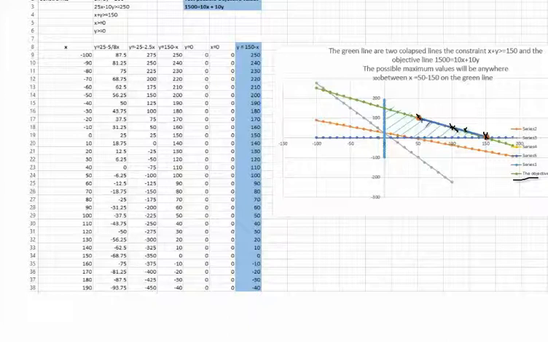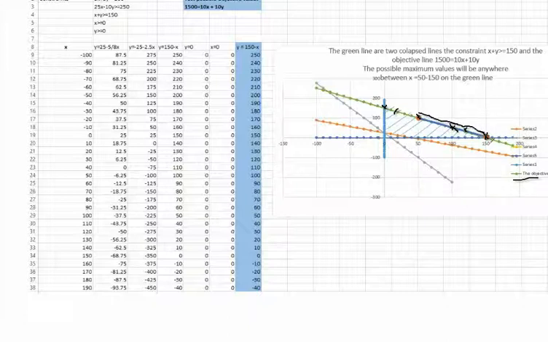Now if you take any point right here, let's take this point where y is equal to 140 probably and x is 0, it gives you a smaller number. It gives you 1400. So the values that you want are in between those orange points.